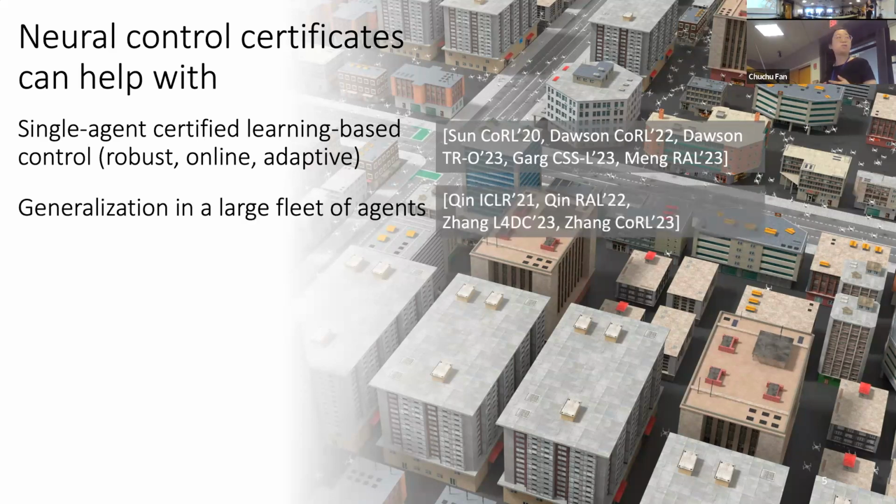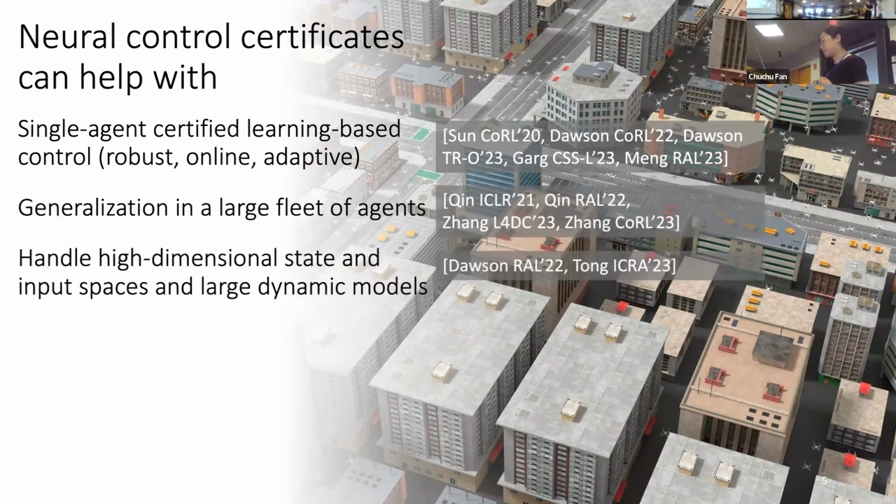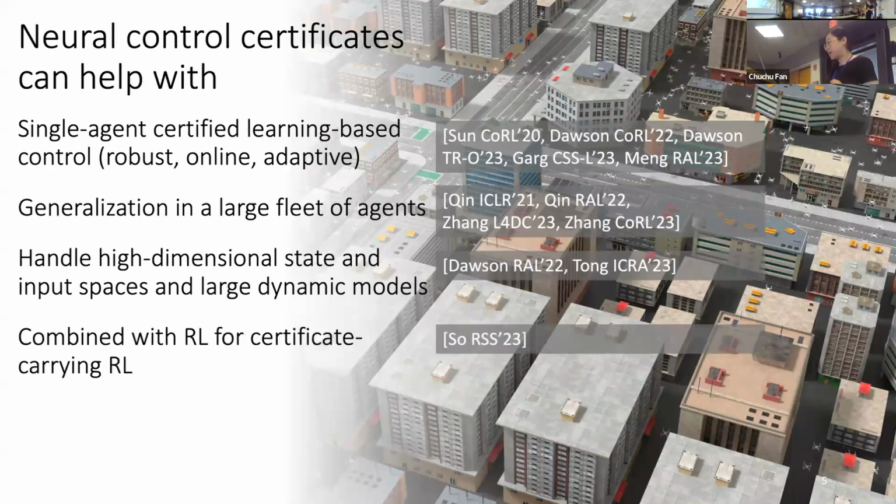It can generalize to a very large fleet of agents, and that will be the topic I will bring up right after this. It can handle high-dimensional state and input spaces and large dynamic models. And it can be combined with reinforcement learning, so you can use regular reinforcement learning tools, but what you get is not only a policy, but also a certificate function.